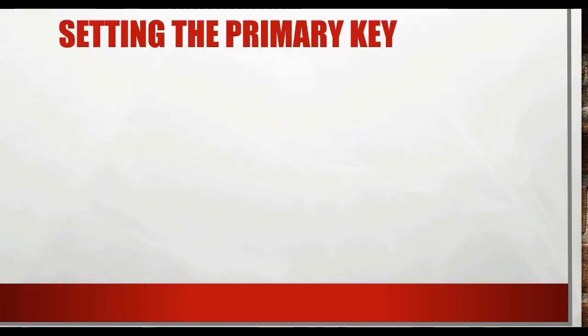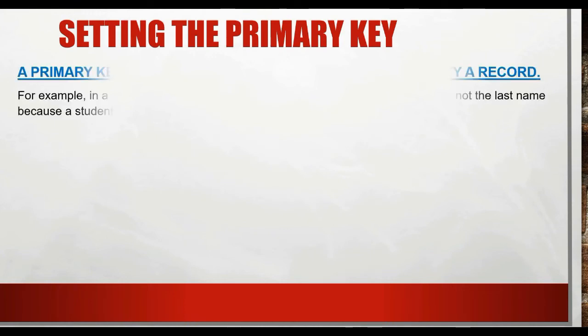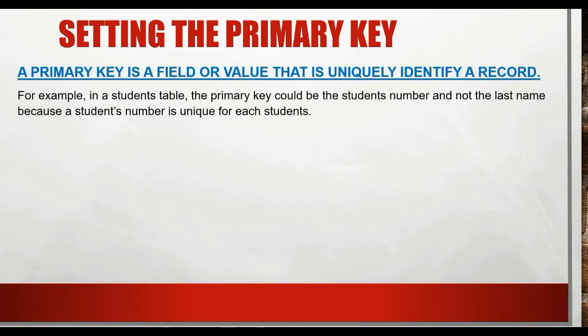The next one is setting the primary key. So what is a primary key? A primary key is a field or value that uniquely identifies a record. For example, in a student's table, the primary key could be the student number and not the last name, because the student number is unique for each student.